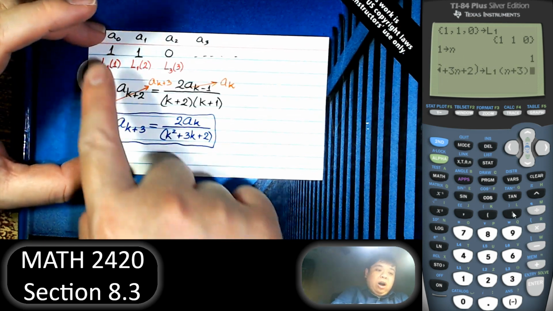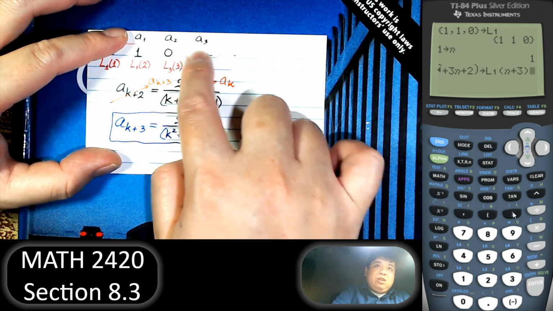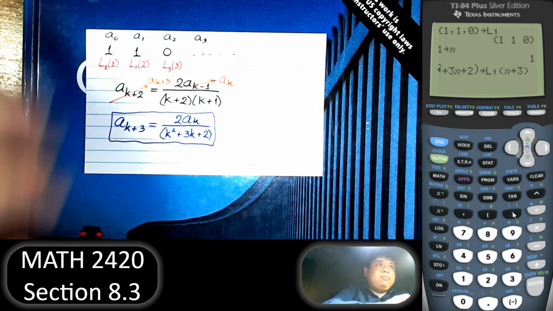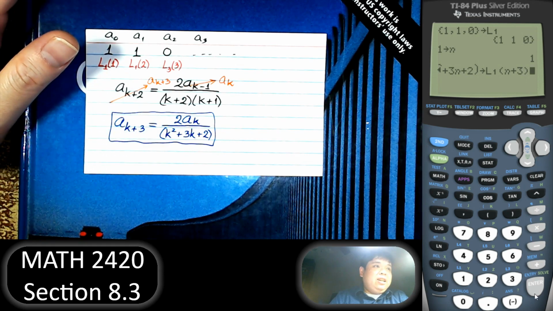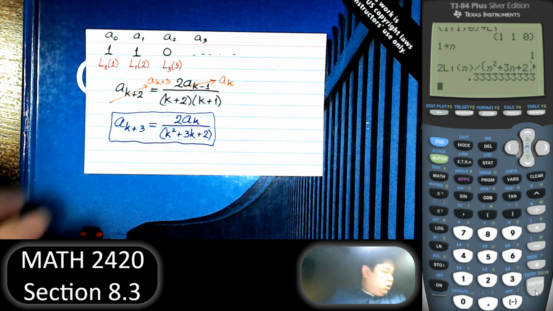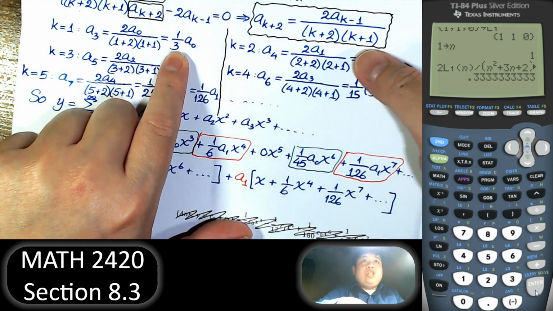So when n equals 1, 1 plus 3 is 4. So what it does is it gives us the fourth entry here. Of course, we can do that. It gives us 1/3. Yep, 1/3, which is good.